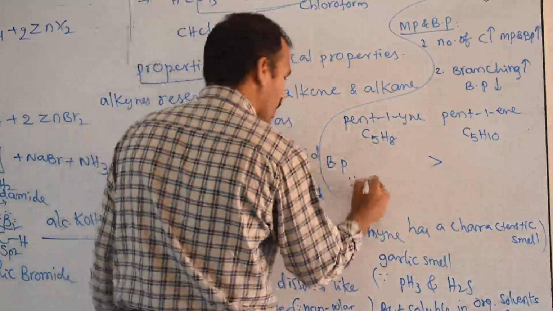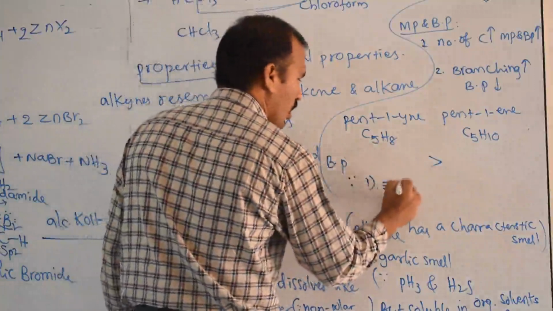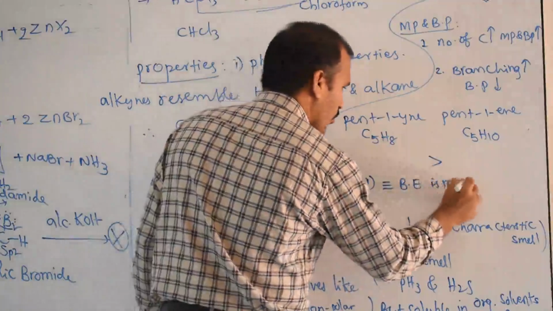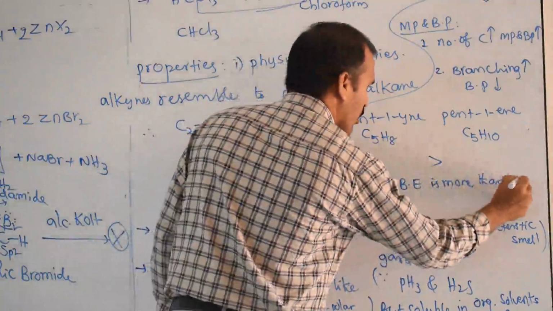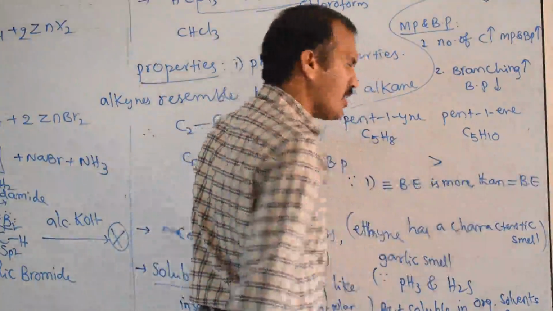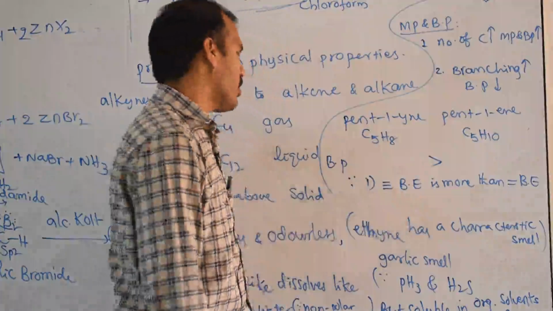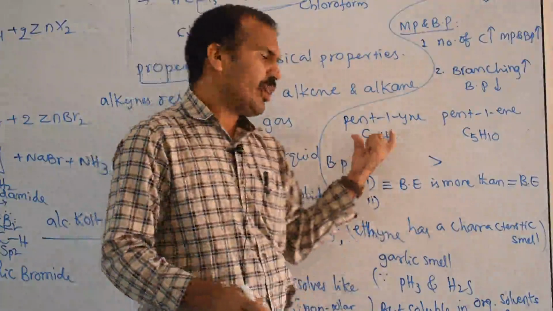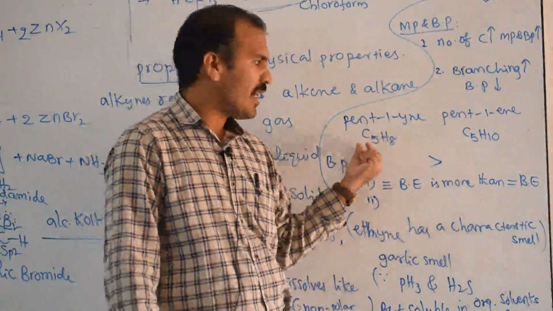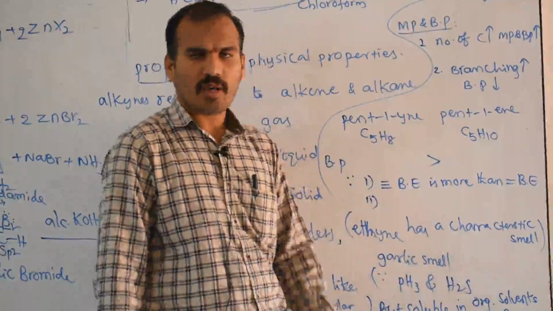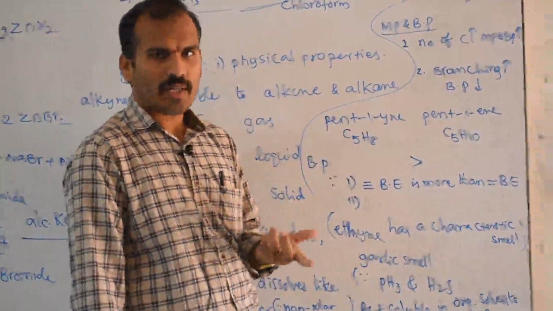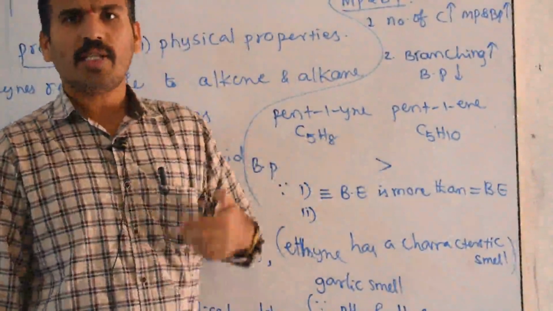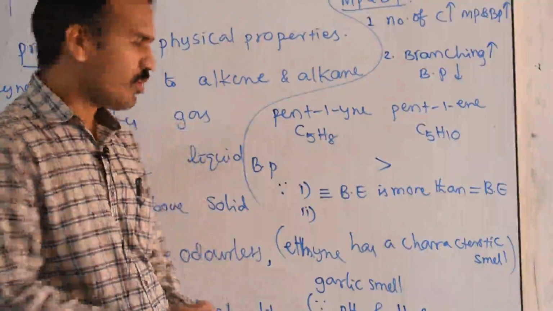Reason: first, triple bond energy is more than double bond energy. Don't consider them equal; this is a double bond, this is a triple bond. Second, van der Waals force is greater than in the alkene, because the sp hybridized carbon gives more van der Waals force.